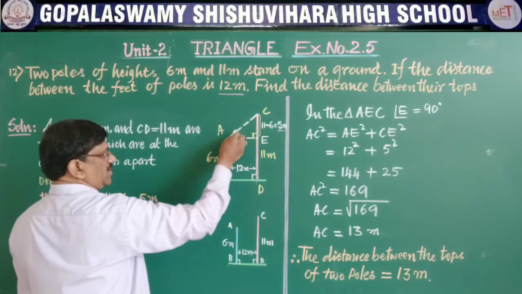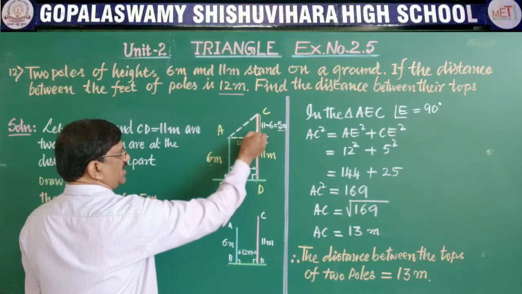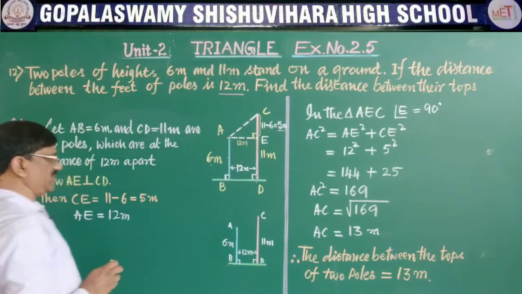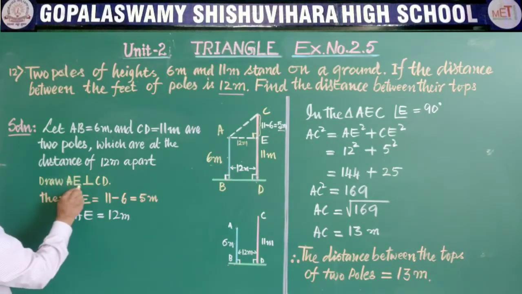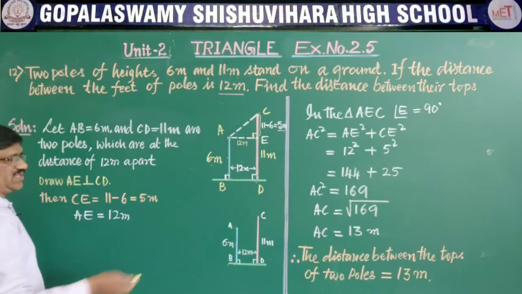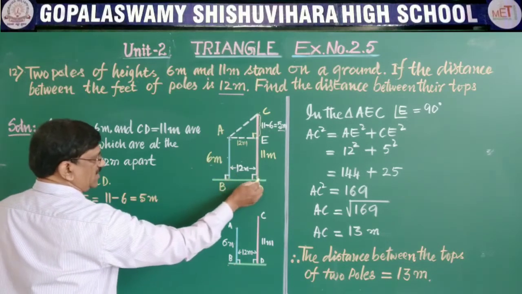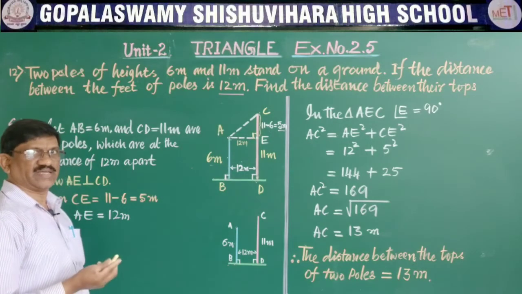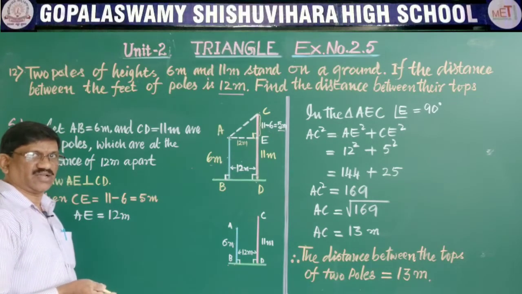So here AEC forms a right angle triangle, children. So we can apply the Pythagoras theorem here. Draw AE perpendicular to CD. So here ABDE forms a rectangle. You know that in a rectangle opposite sides are equal.